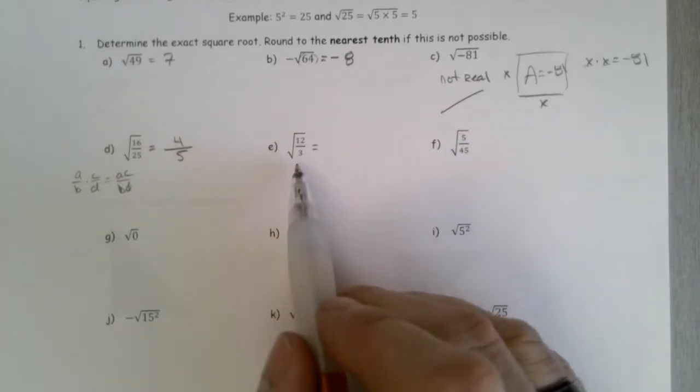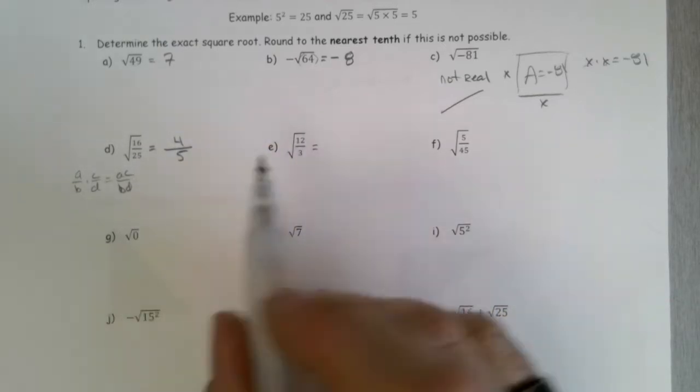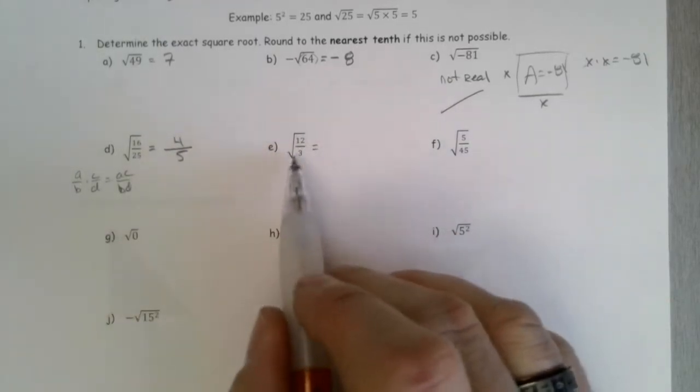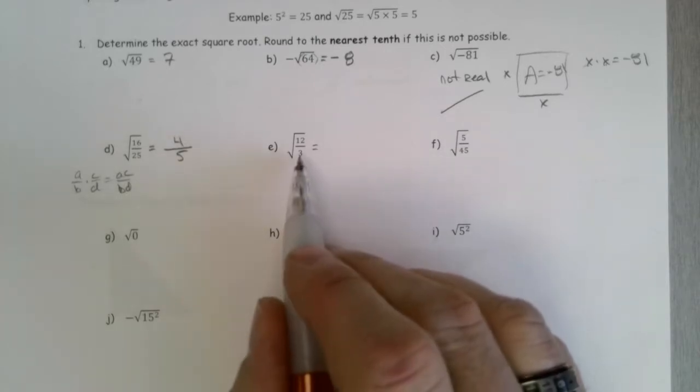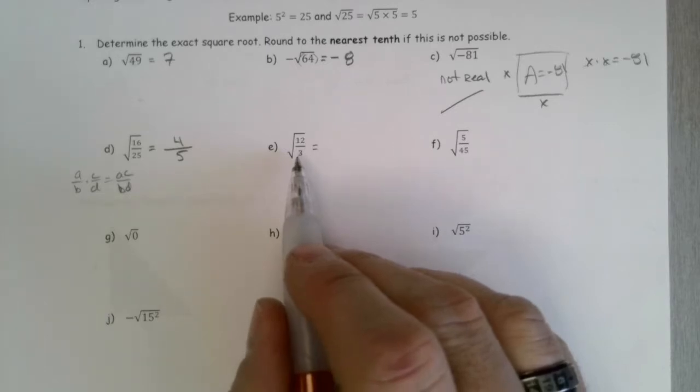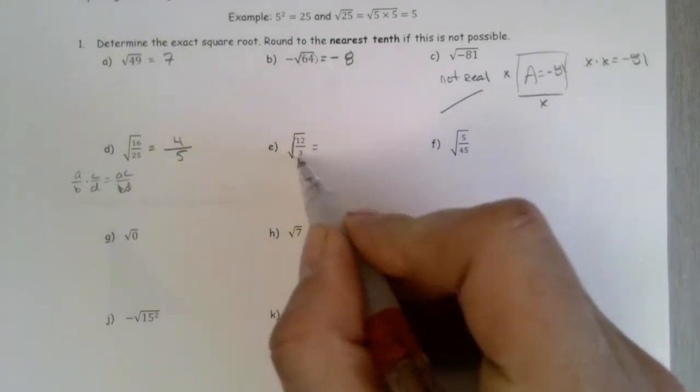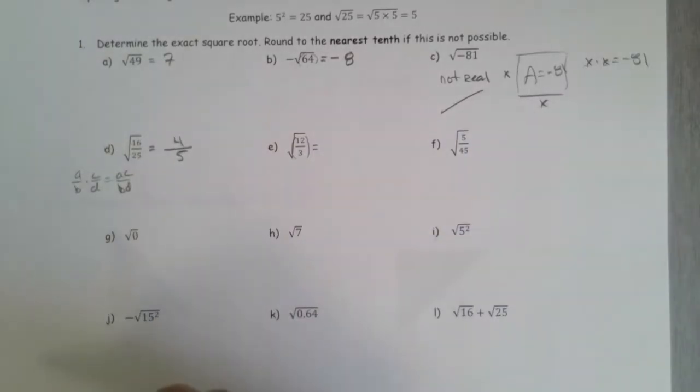Now here for this one, 12 divided by 3. Okay, so what I was just doing here was splitting these up. Well, the square root of 12, I don't know. The square root of 3, I don't know. But there is a set of parentheses here.